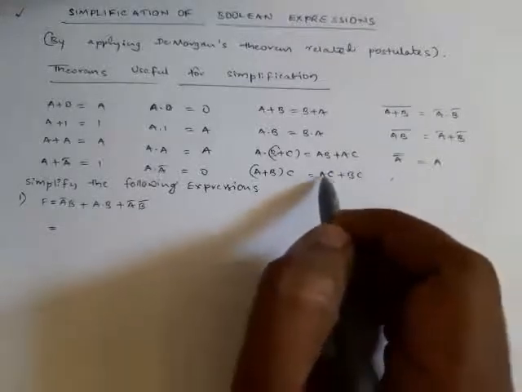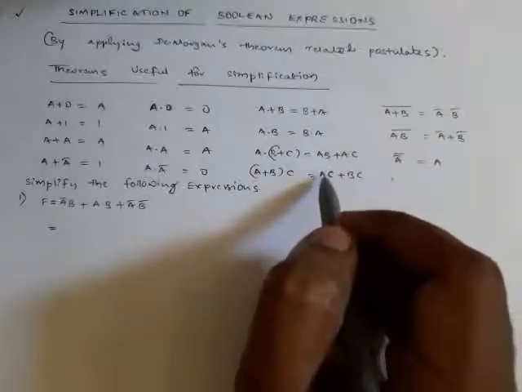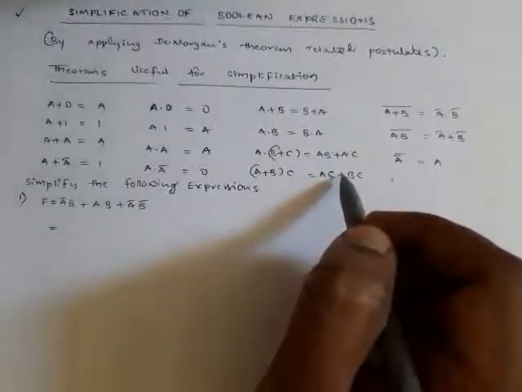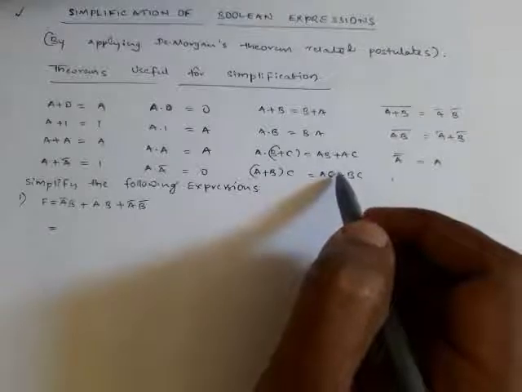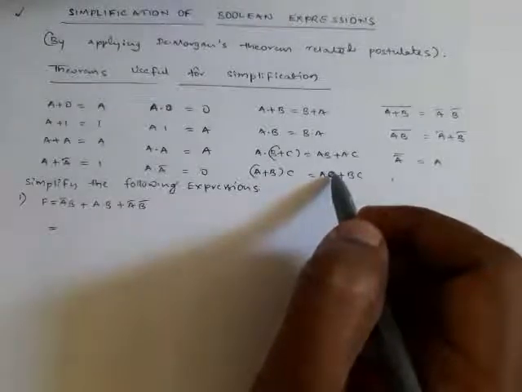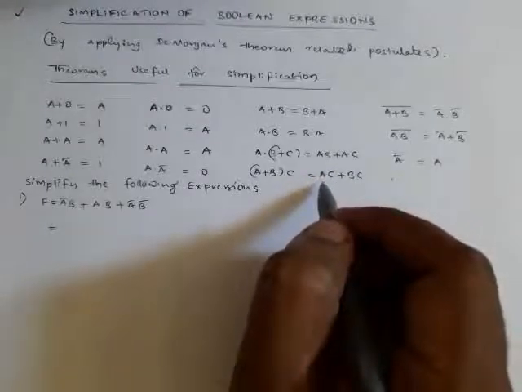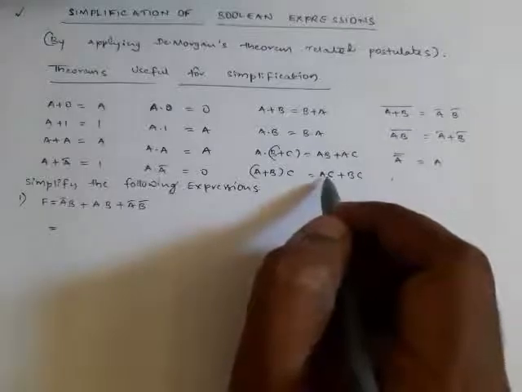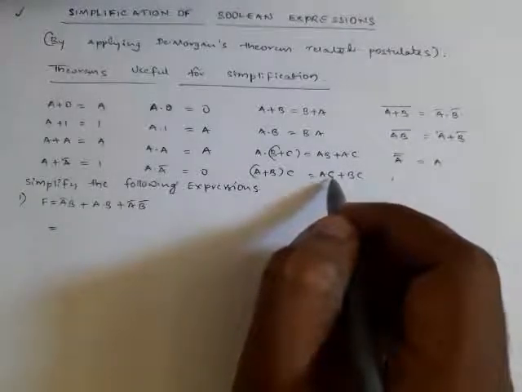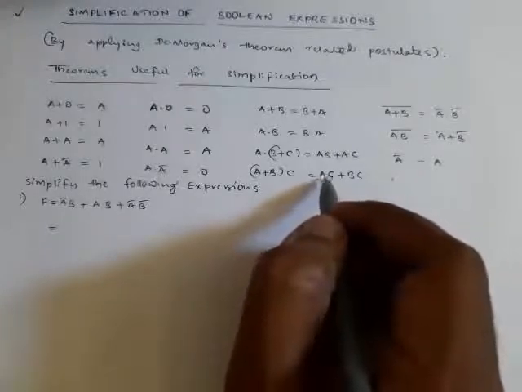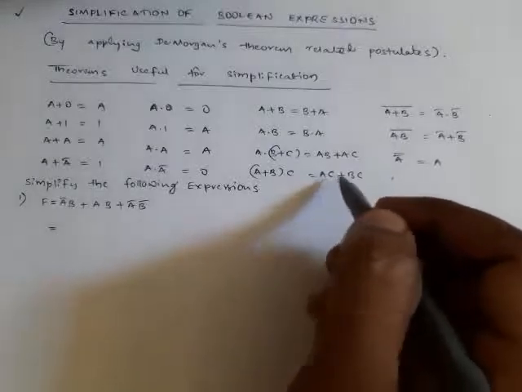And sometimes we can see some of the products, a dot c, written as ac itself. So the dot operation is sometimes ignored while writing. So here a dot c has a similar meaning to ac. Even if the dot is ignored, you have to think of it as the AND operation between the variables.